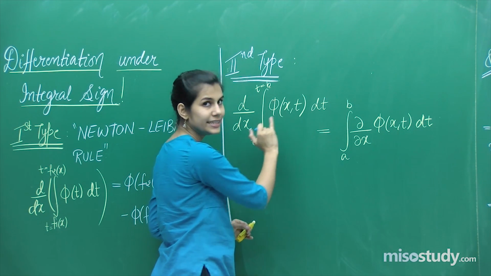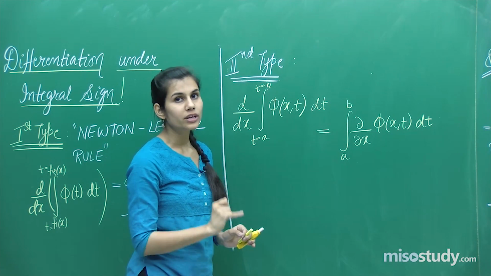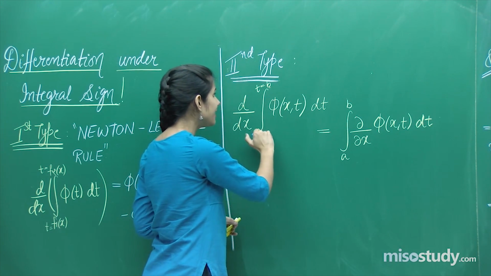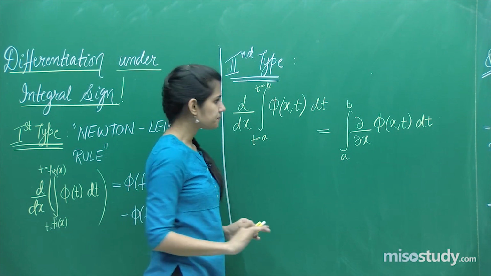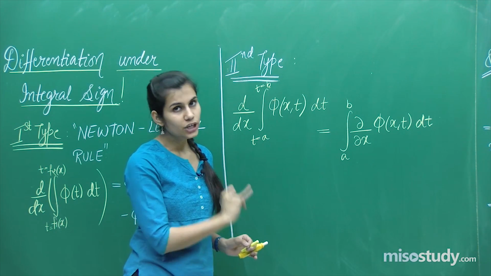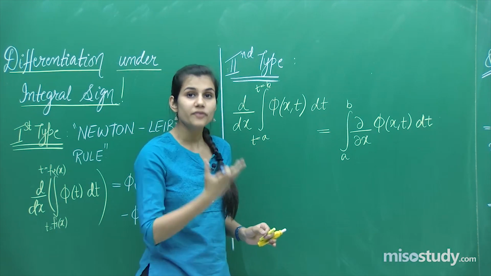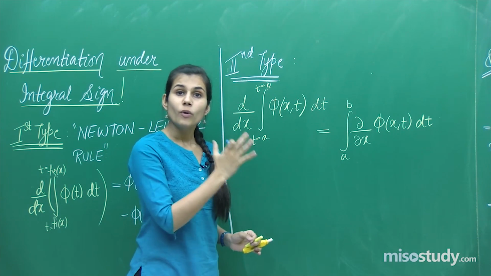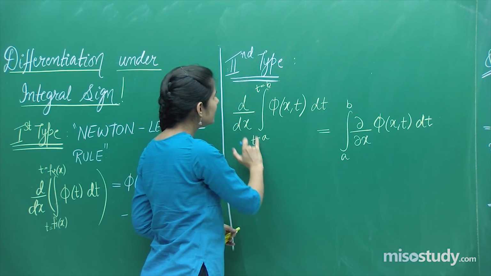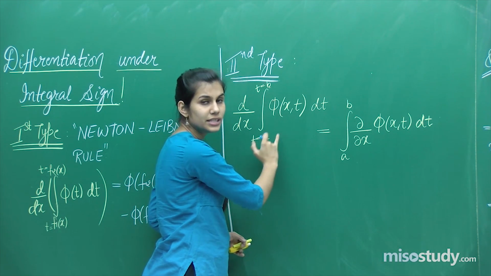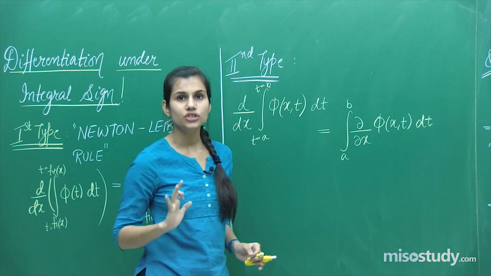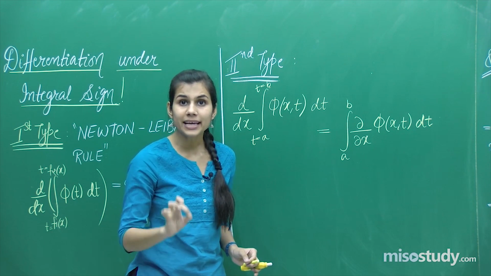When you are going to integrate it with respect to t, I am talking about indefinite integration, irrespective of the limit application, when you integrate phi of x comma t with respect to t, you are going to get the answer in terms of x and t. When you get the answer in terms of x and t, once you apply the limits in place of t, these constants come into picture and t vanishes, but x still remains.